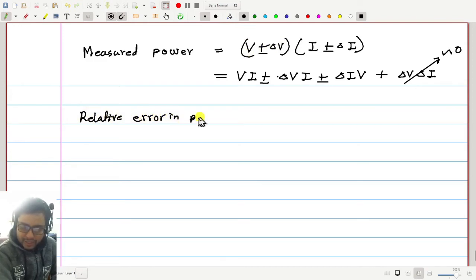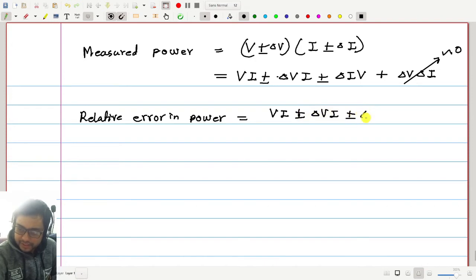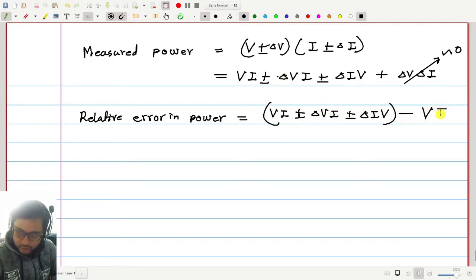So then relative error in power measurement will be this quantity (V plus minus delta V)(I plus minus delta I) minus true power, which is V into I, divided by the true power.